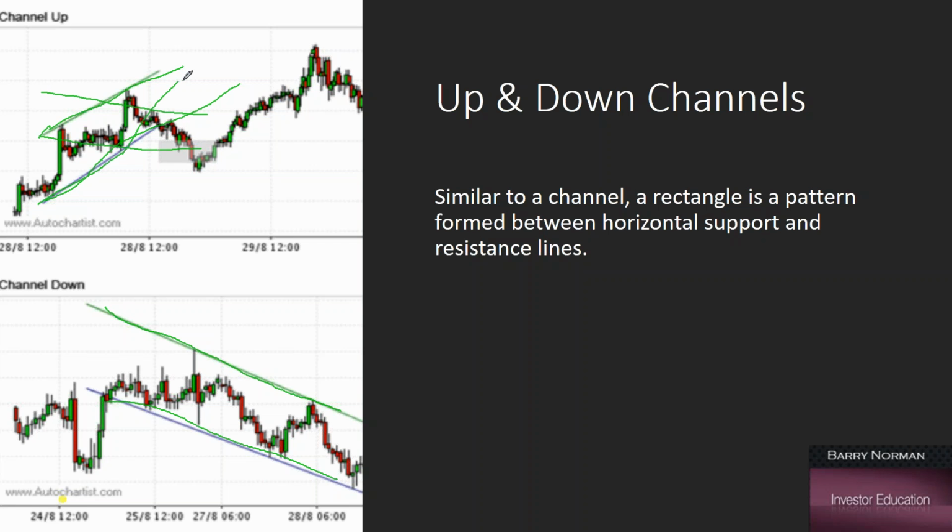Remember, the line is drawn from your swing low connecting other swing lows and your swing high connecting other swing highs. Now, if you're not sure what a swing high and a swing low is, it's the lowest price or the highest price that asset touched in that trading period. So you cannot decide, oh, I'm going to draw it from here to here to here.